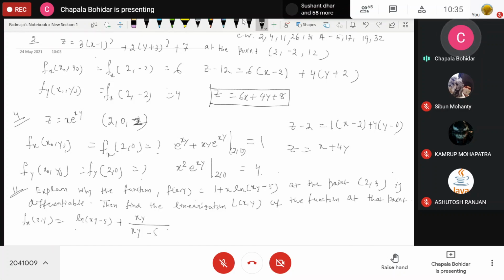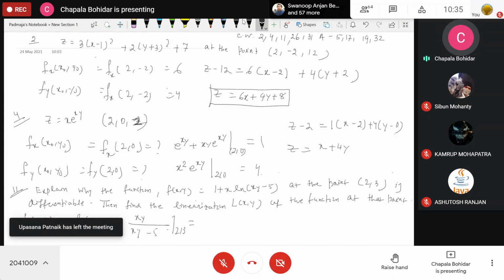So at the point 2, 3, what you get? It is 6 by 1, so it is 6.